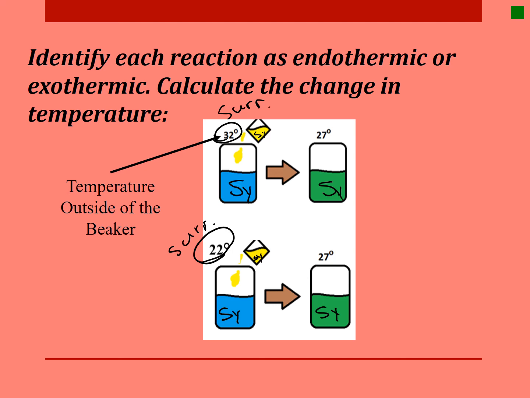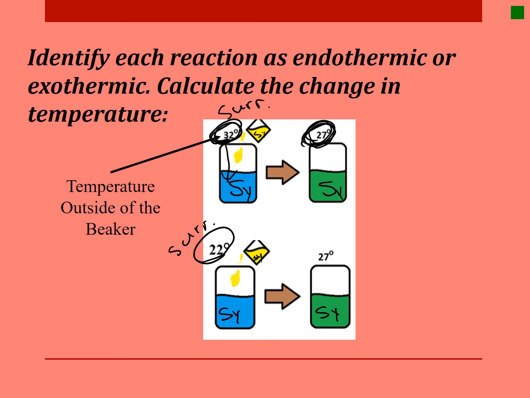All right, so identify whether each reaction is endothermic or exothermic. For the first one, the surroundings go from 32 to 27. What I personally like to do is figure out where the heat is going. It obviously went down in temperature, so this point, which is outside of my system, went down.